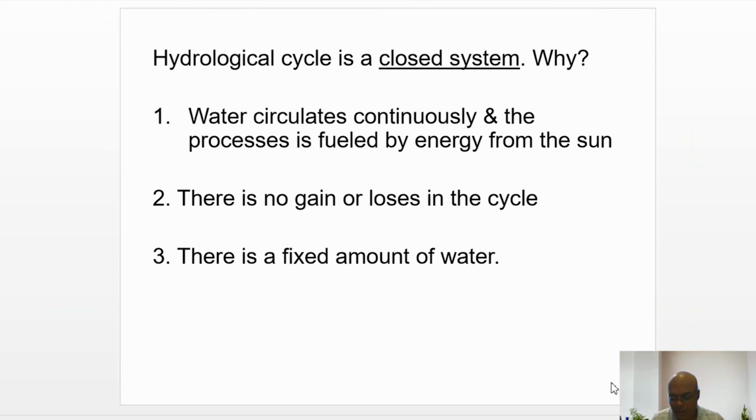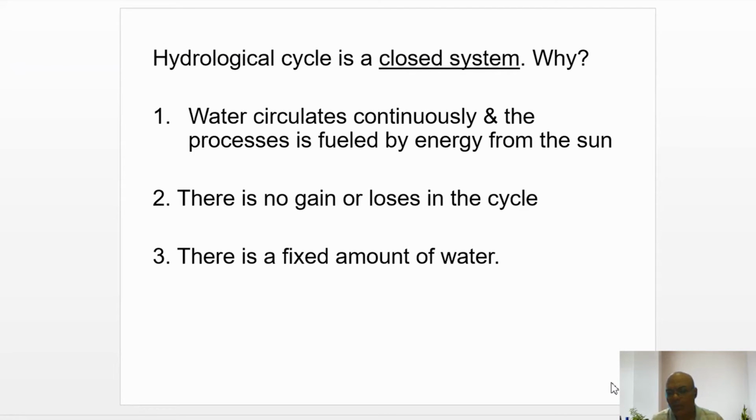Any system we can classify as a closed system or an open system. We all know the continuity equation. The continuity equation is a conservation of mass. That means inflow is equal to outflow.